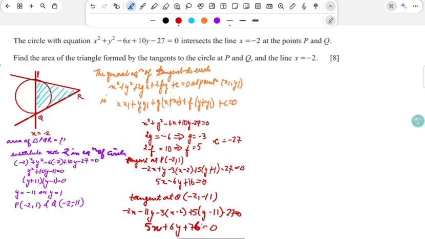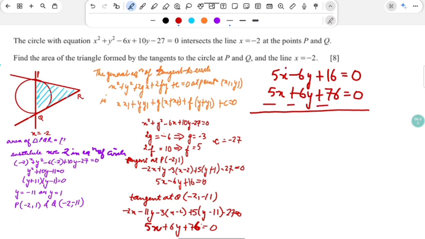Now I can find the third vertex R by finding the point of intersection of the two tangents. So now I know that the equations are 5x − 6y + 16 = 0 and the other one is 5x + 6y + 76 = 0. Now if I subtract both the equations, it will be −12y − 60 = 0. From here I'll get y = −5.